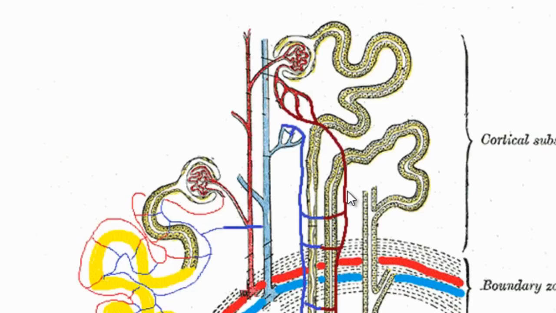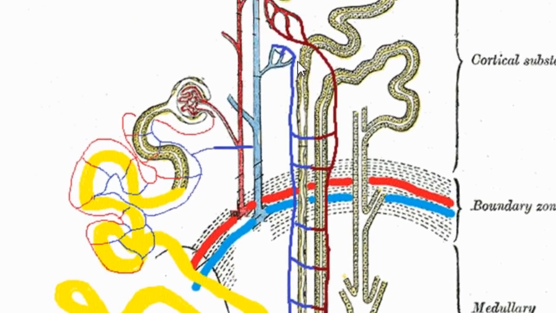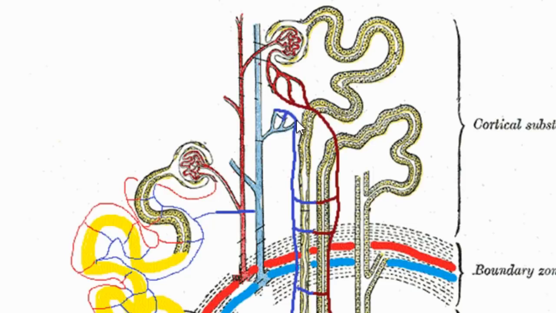So these vessels follow the loop of Henle downwards, straight downwards, hence the name, and it has this sort of hairpin turn, and it follows it again up, straight up. And then the vasa recta drain back into the interlobular vein, and then the interlobular vein drains into the arcuate vein. The arcuate vein drains into the interlobar vein. Remember, that runs down the side of the medullary pyramid, and the interlobar vein drains into the renal vein.